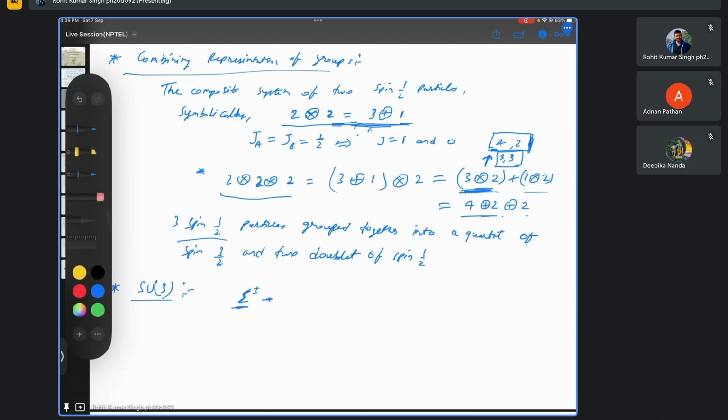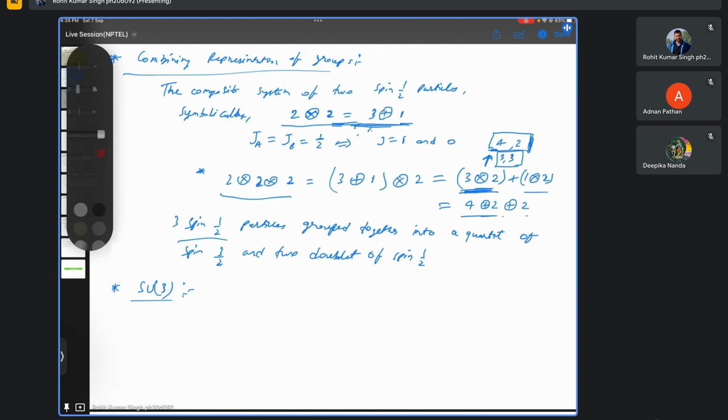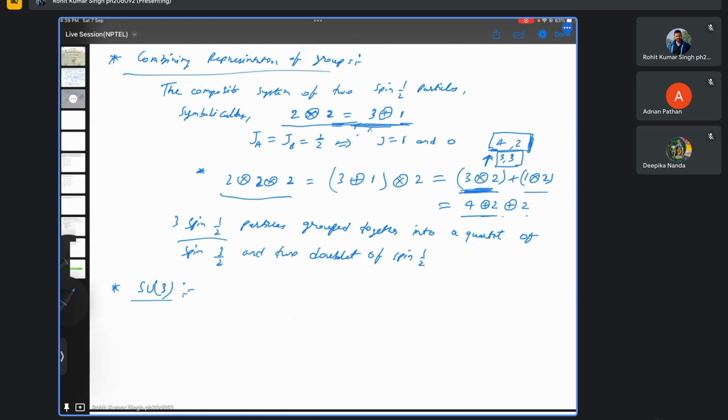Okay, so something was off about them, and people thought there must be another quantum number associated with them, which they called strangeness.